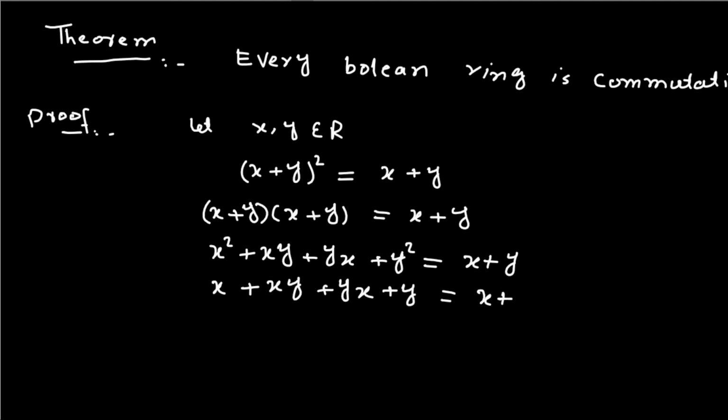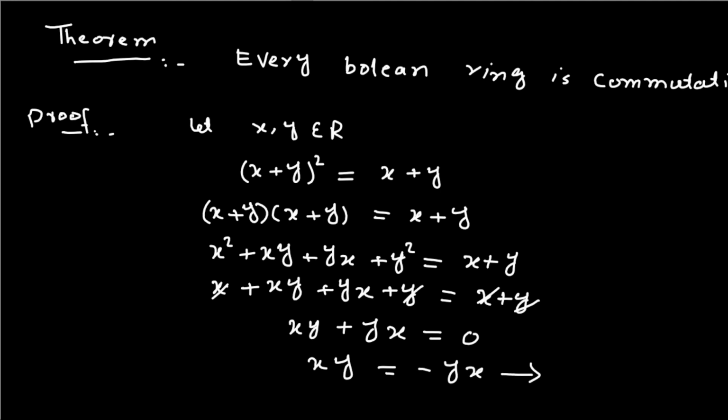So now x will be cancelled out with x, and y will be cancelled out with y, and here you will write xy plus yx is equal to 0. Now xy is equal to minus yx.